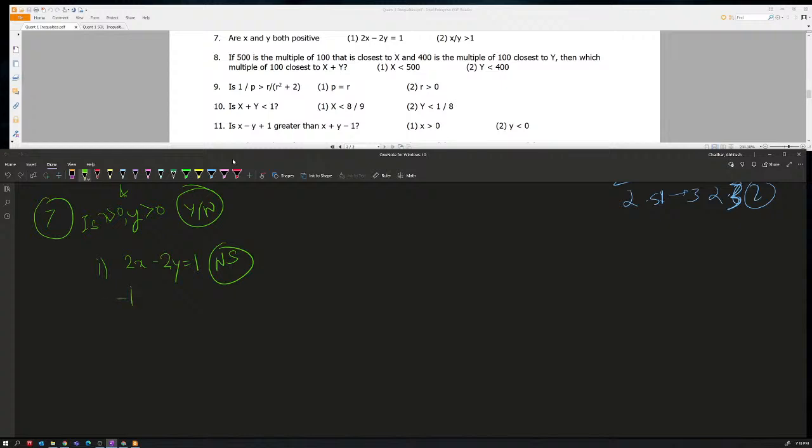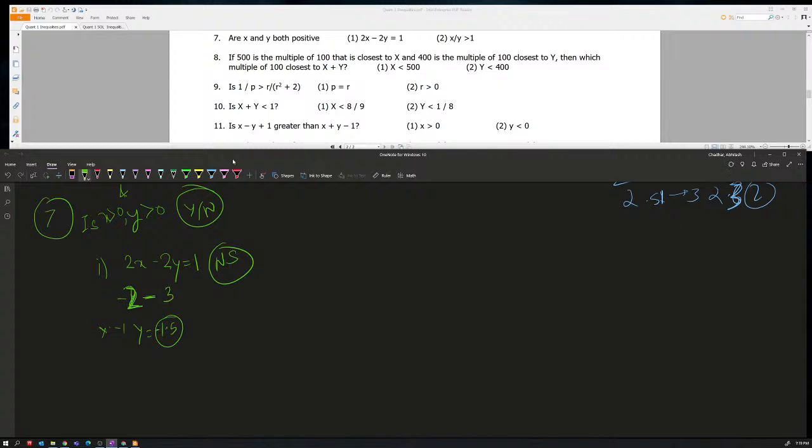If I do x equal to -1, this becomes -2. Now I have put x is equal to -1, and now you have to make this side greater. So you put something that is greater, like 1.5, and -1.5. So y is equal to -1.5.